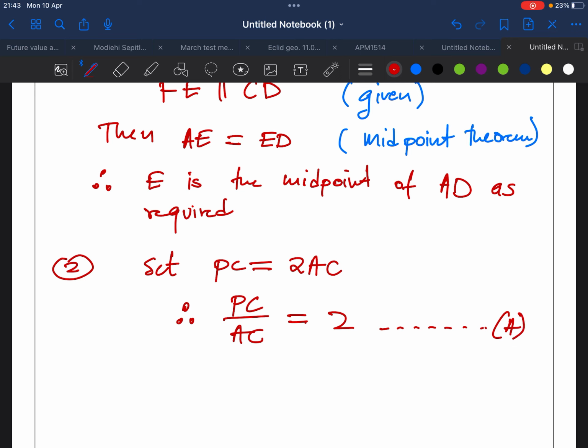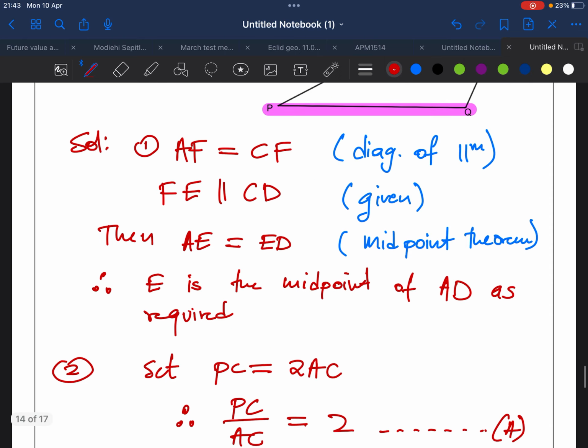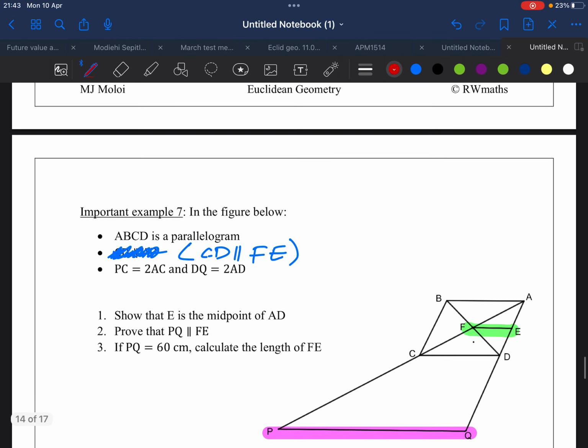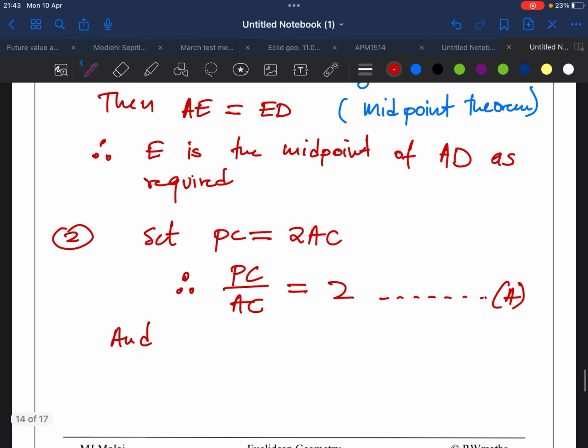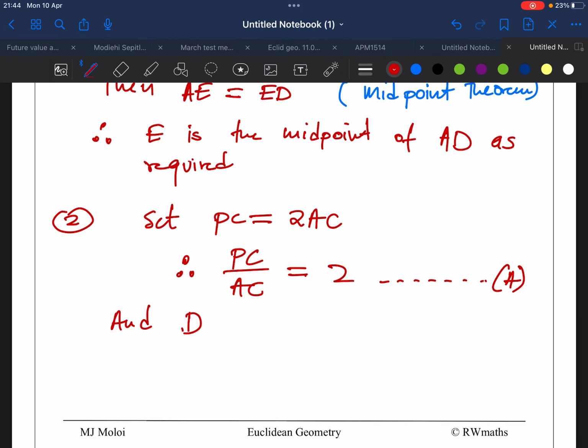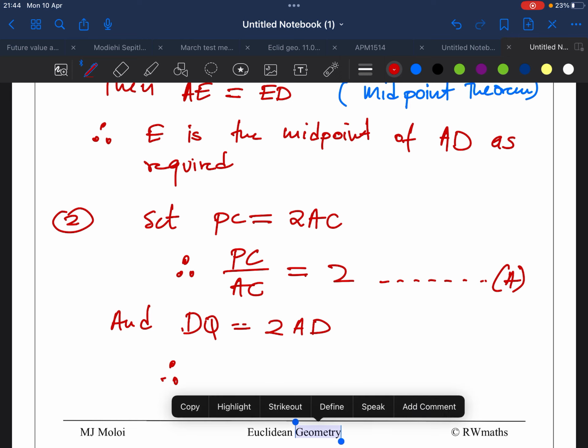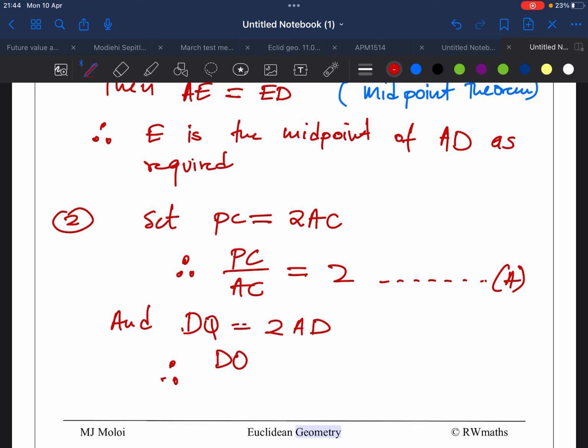And we have another one that is given. They said to us that DQ is twice AD. So DQ equals twice AD implies, if I divide both sides by AD, we have DQ over AD, which is equivalent to 2.